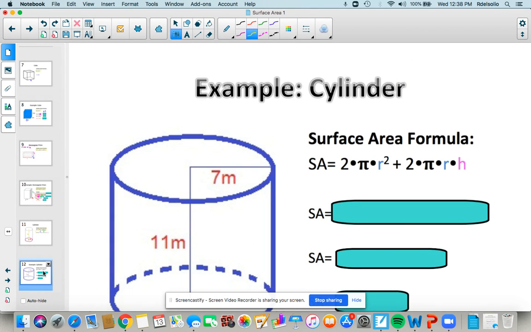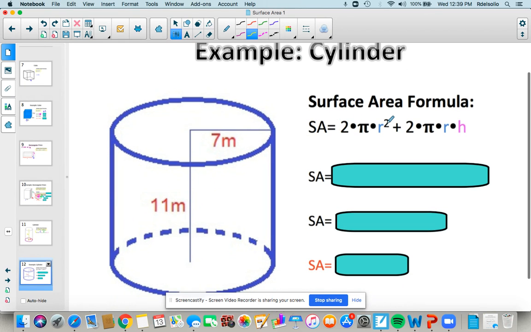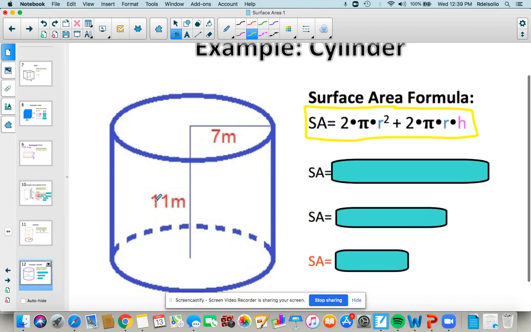So here we have an example of a cylinder. So we have the surface area formula. Again, we're going to use this formula to find the surface area of the cylinder. So let's identify our parts on the cylinder. So we have from the center of the circle to the edge is our radius. So our radius is 7.